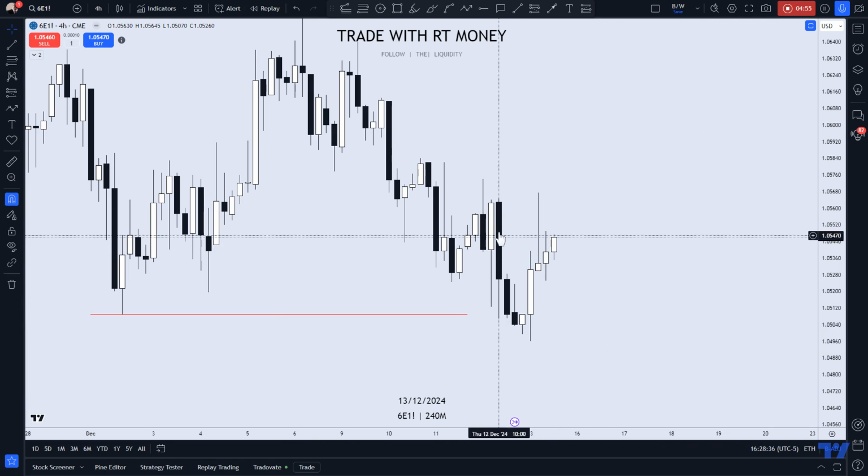There are no bearish fair value gaps here. You see price pulled back up inside there, took out this fractal swing high, and pushed down.